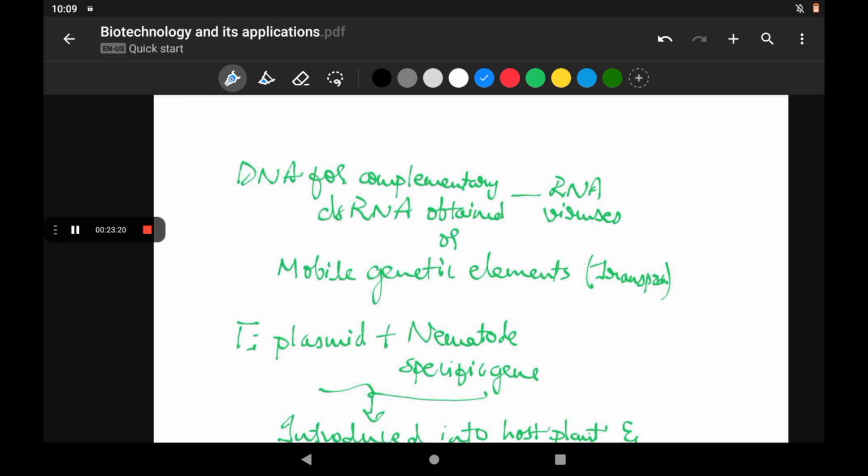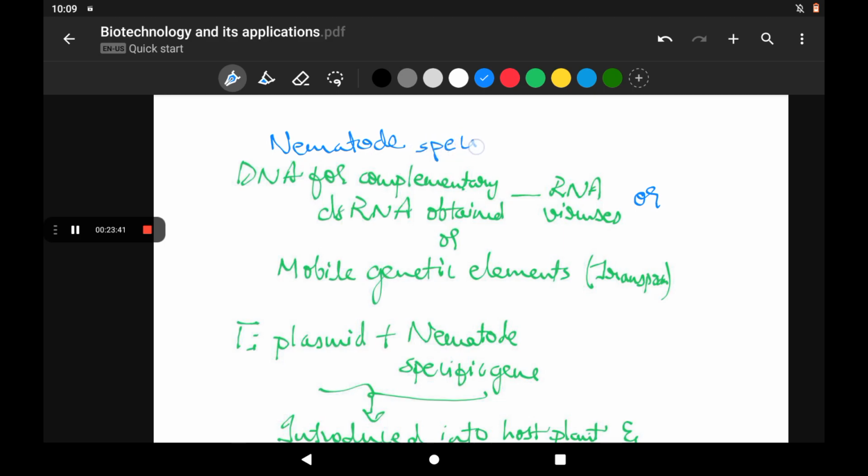See the DNA for complementary double-stranded RNA. That nematode-specific gene, what we call it, is obtained from RNA viruses or it is also obtained from mobile genetic elements. So we call them nematode-specific genes.